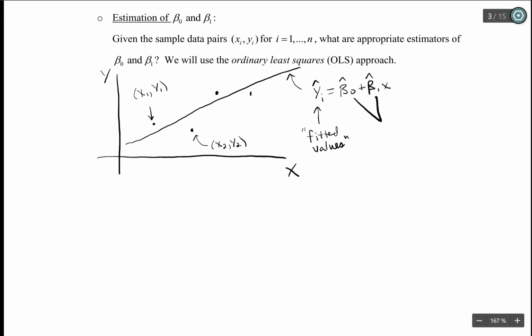And this beta naught hat and beta 1 hat, these are our estimators. When we establish those, that gives us the line. So the question here is, what should we put in for beta naught hat and beta 1 hat? What are appropriate estimators to ultimately give us this line of best fit?